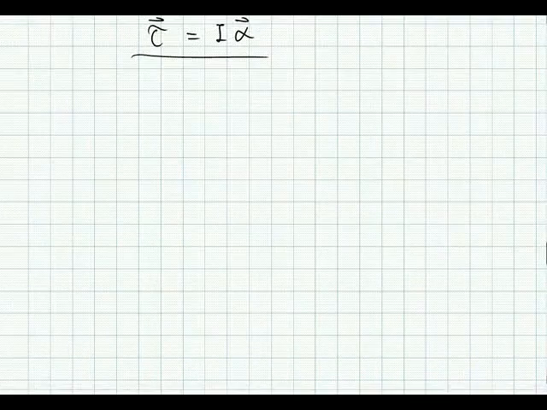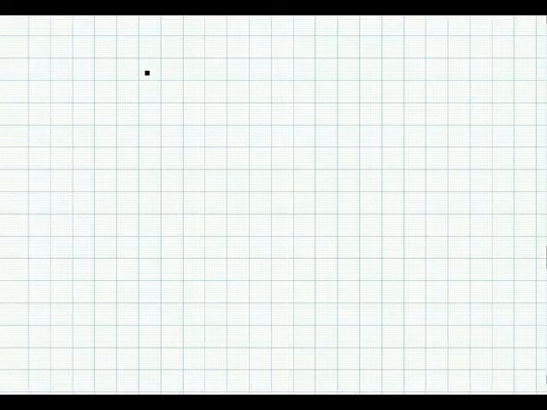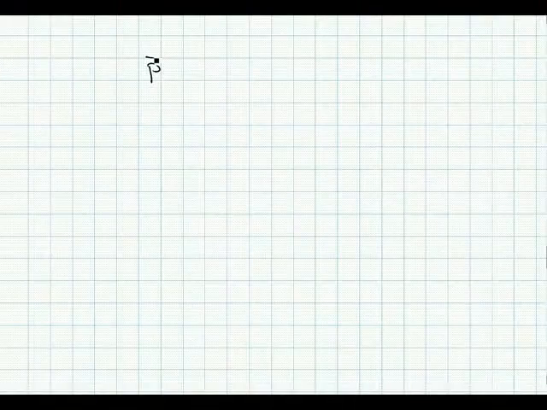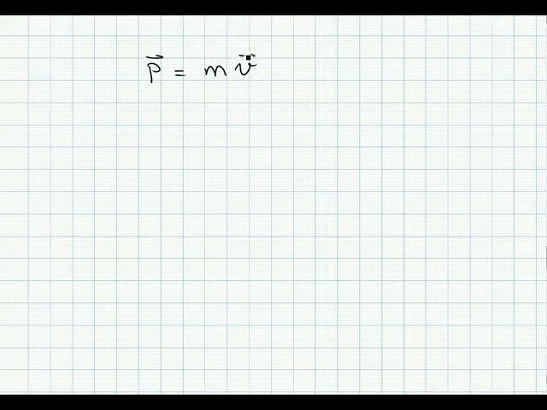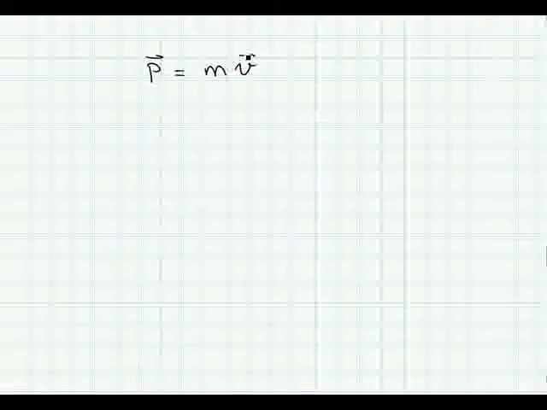So how does this help us with angular momentum? Well, angular momentum, let's consider momentum. Momentum we defined as the momentum vector, the product of mass and the velocity vector.